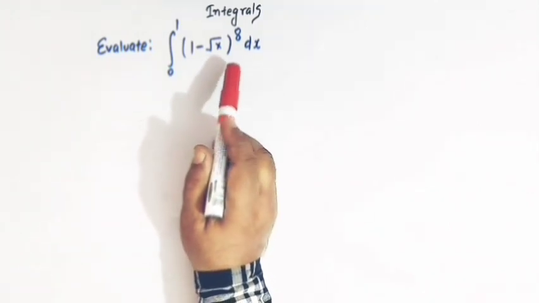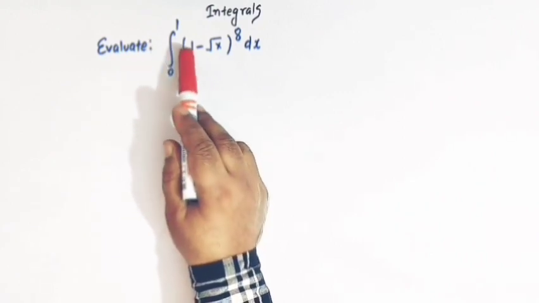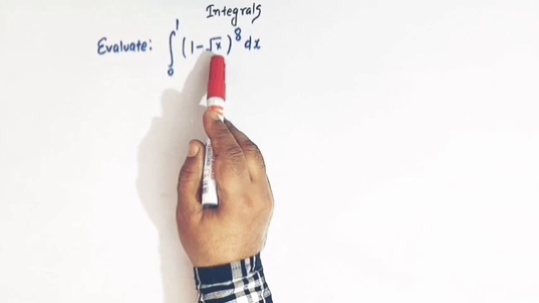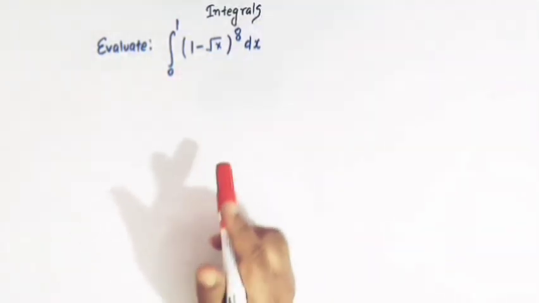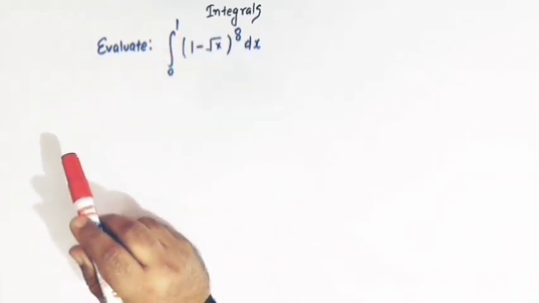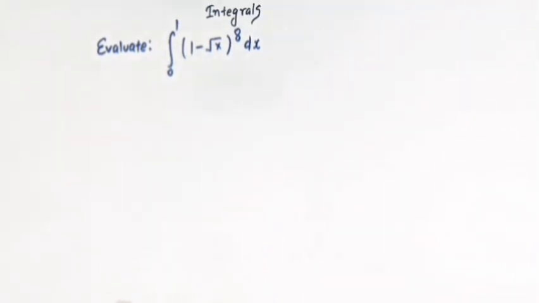So here we have to solve this integral that is from 0 to 1, and the integrand is 1 minus square root of x raised to 8, right? So in this lecture we'll see a beautiful application of beta function to evaluate this type of integral, right? So let us start.